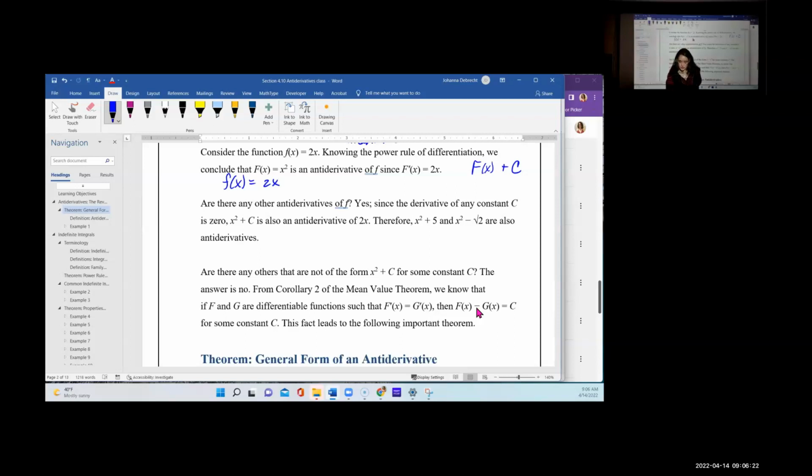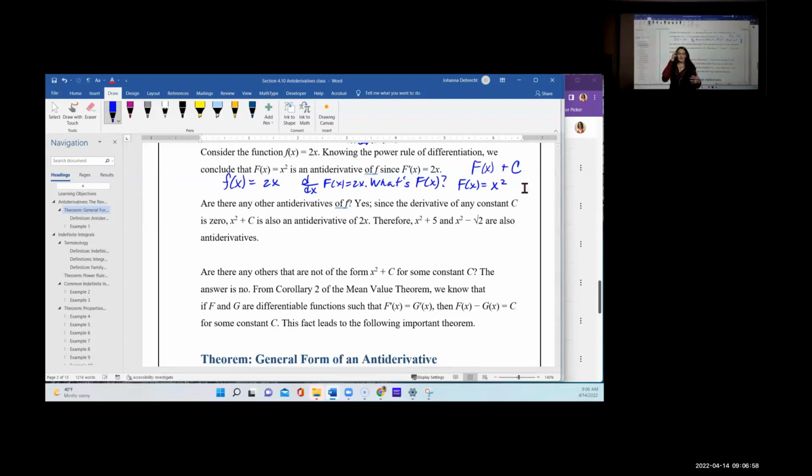So I took the derivative of something and I got 2x. What's F? Well, if we think about the power rule, then we can easily come up with the function F of x equal to x squared, because we know by the power rule that the derivative of x squared would give us this 2x. So x squared is an antiderivative of the function 2x. So it undoes the derivative.